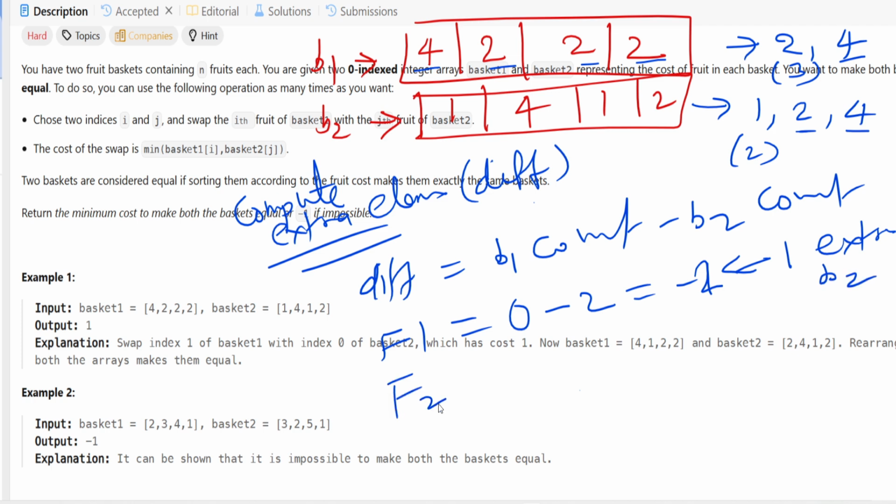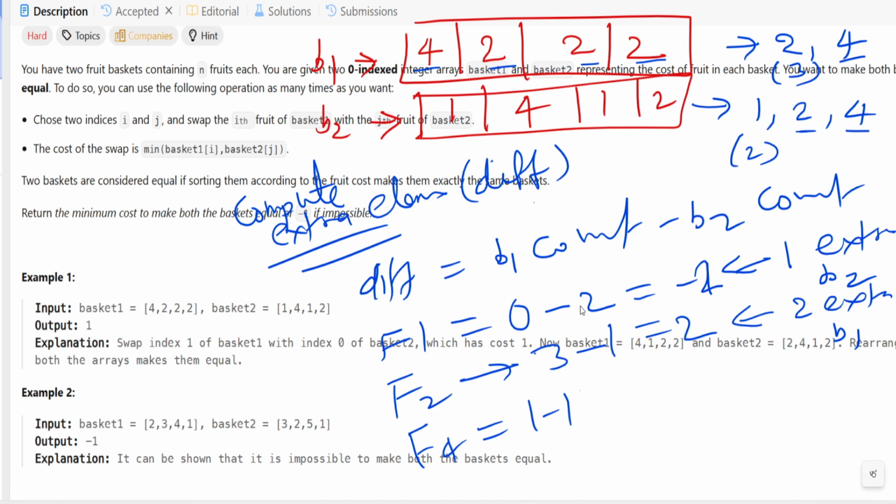For F2, we have in basket 1 is 3, and in basket 2 we have 1. We are getting 2, means we have 2 extra in basket 1. Similarly, for F4, 1 minus 1, right? Sorry, 1 plus 1 is 2, and minus 0, we can say.